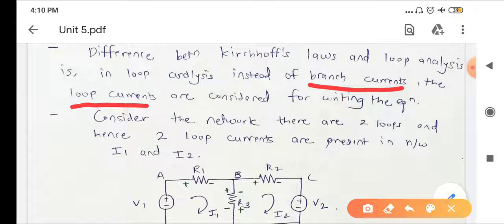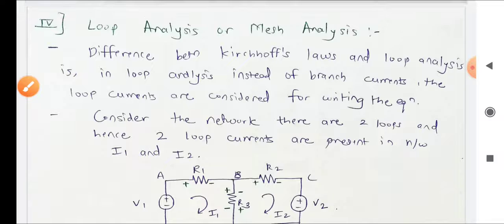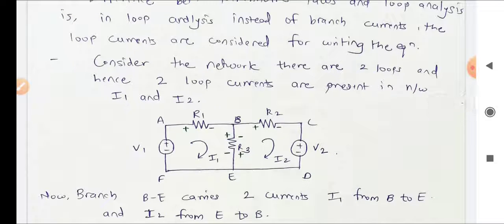While writing the equation we always consider loop currents for loop analysis. Another difference between Kirchhoff's law and loop analysis is this: whenever we consider loop currents in any network, common branches are also present in that network.